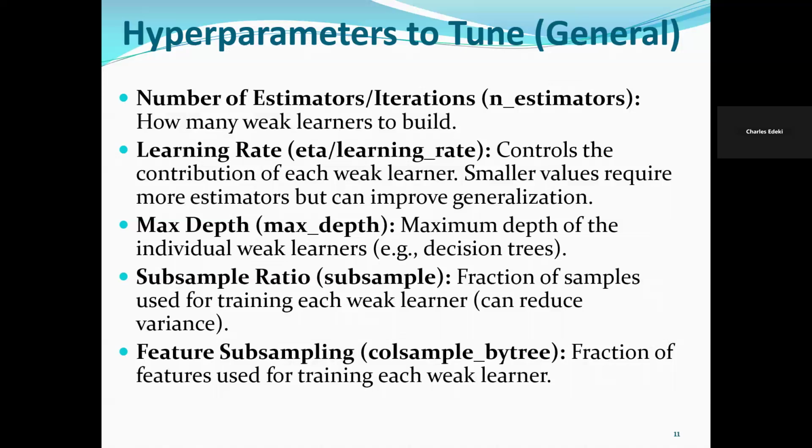A smaller learning rate means each tree contributes less and requires more estimators, potentially leading to a more robust model. The keyword is potentially. Also, the maximum depth is very important.